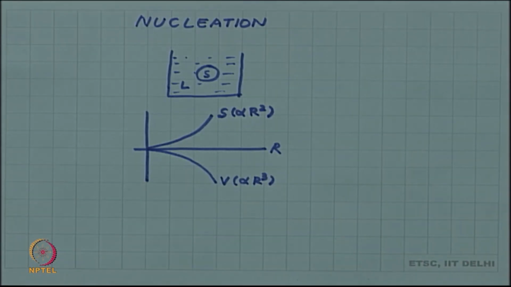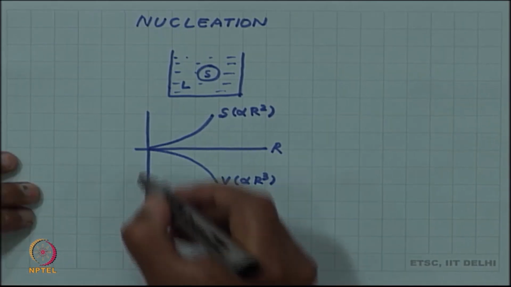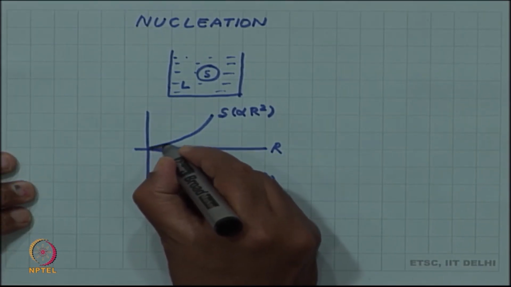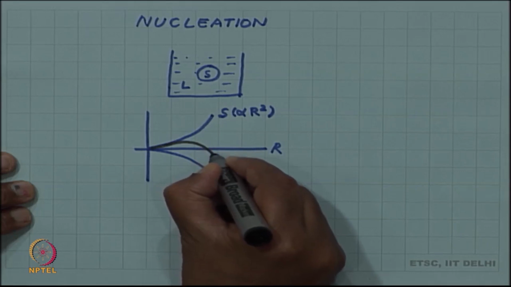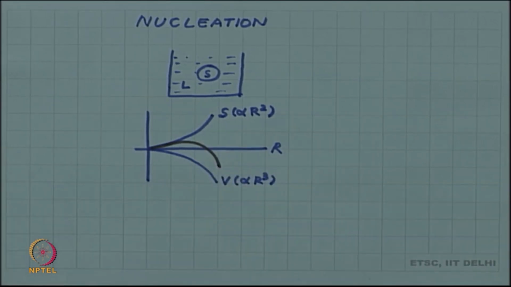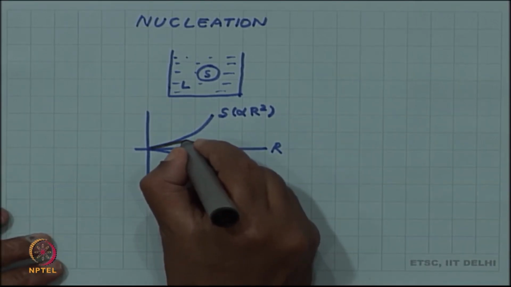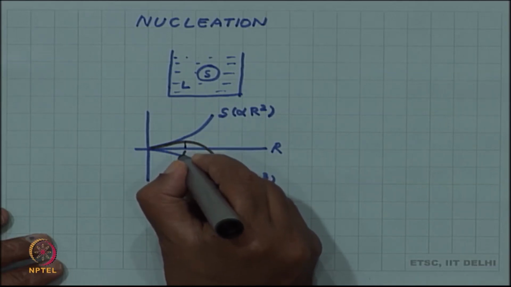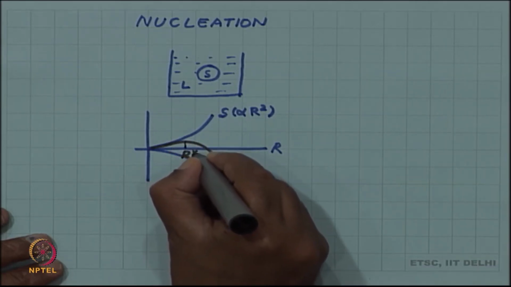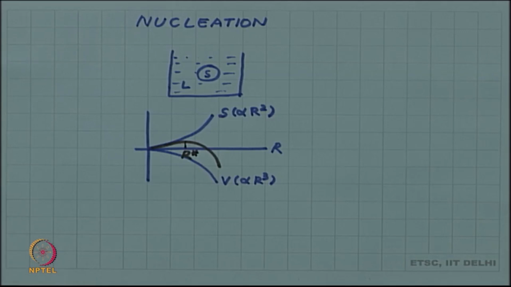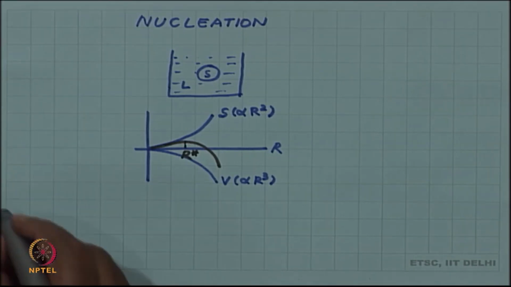So, a competition between these two then gives us a total energy curve which initially goes up and then comes down, so that we have a critical radius R star for nucleation. This we have discussed.